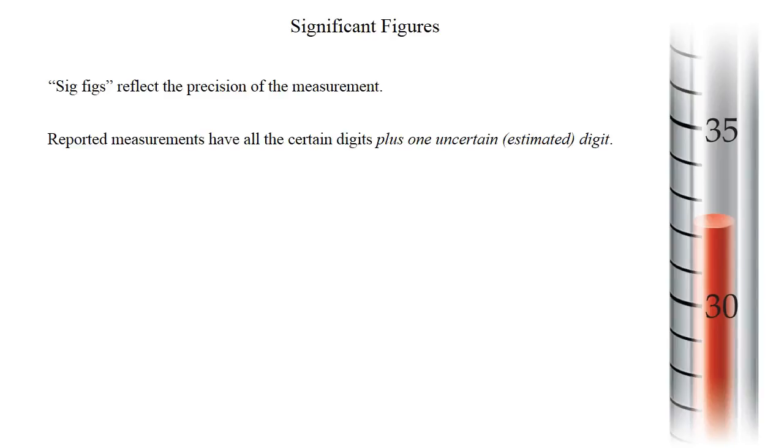Reported measurements have all of the certain digits, plus one uncertain digit which is estimated and placed at the end. There is always only one uncertain digit provided. The precision and therefore significant figures will vary with the measuring device, and any calculations you do must reflect the precision and accuracy of the number that you were originally given in the problem.